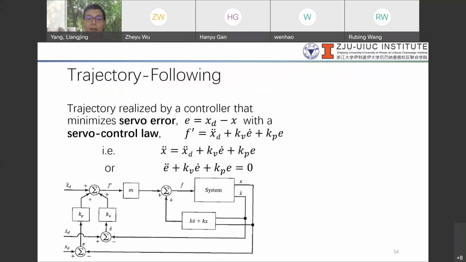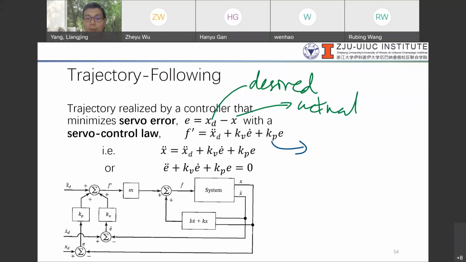We want the value to be xd, but the actual value is going to be x, and so the error will of course be the difference. And we feed back this error with our control gain.